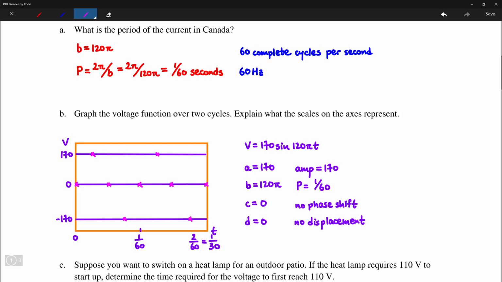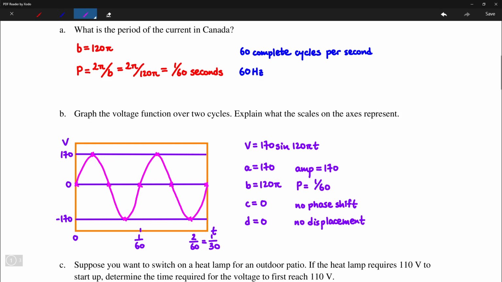Okay, so at the beginning, the voltage will go up to 170, and then come back down towards 0, and it'll be negative 170, and then it'll be back at 0 at the end of the first period, and then go back up to 170, go back down to 0, reach negative 170, and then at the end of the second period, it'll be at 0 again.